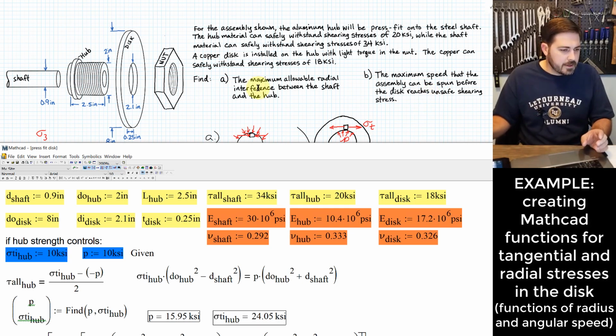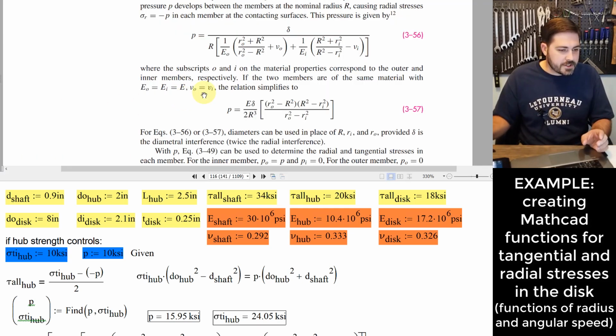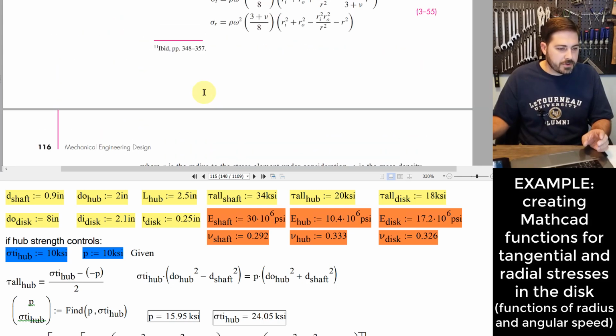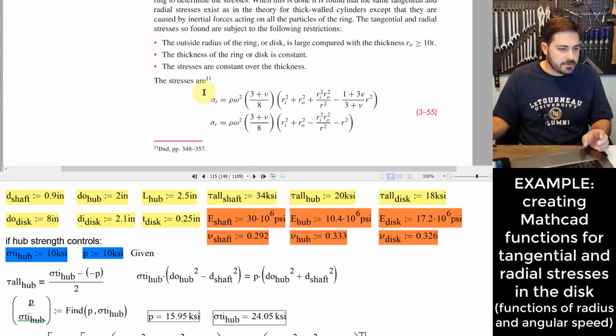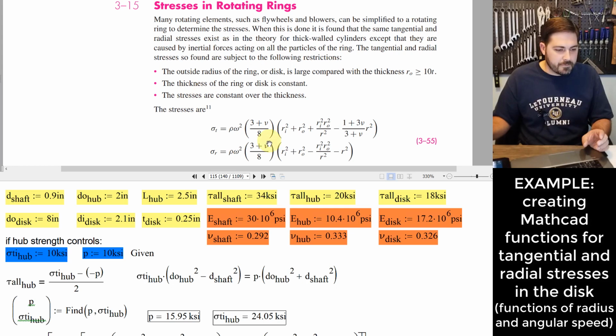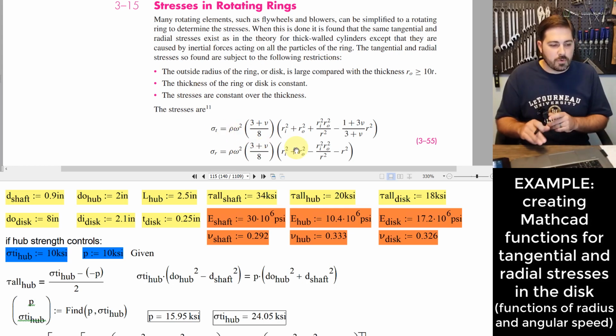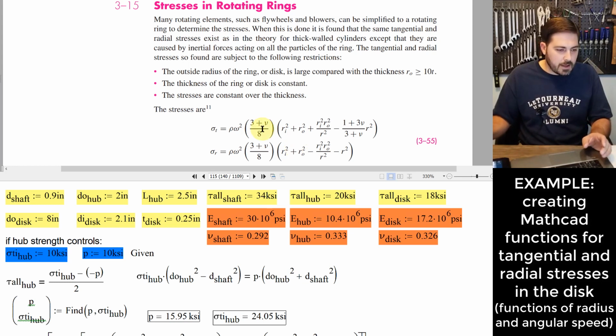And you might remember that section in the text that we looked at a second ago, right? These are the equations that would control what we're trying to work with there. And so we're going to grab these equations and try to implement them in MathCAD here.